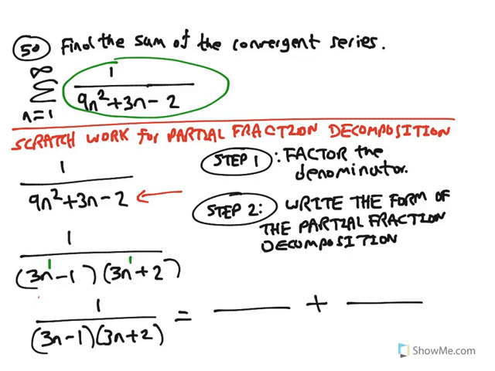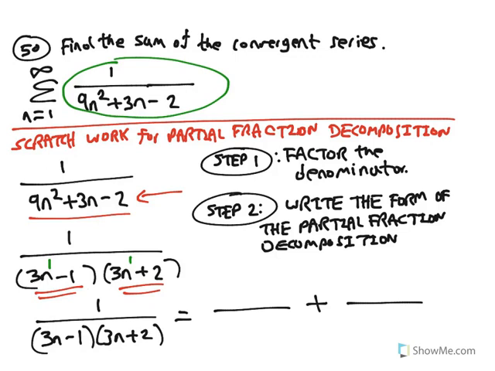So here is how we write the form of the partial fraction decomposition if our denominator factors as a product of two distinct linear factors. So for each distinct linear factor, you will have one partial fraction.